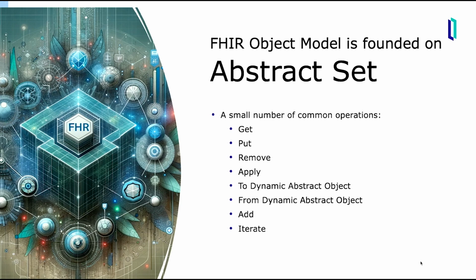Thank you. So the FHIR object model is based on a new set of classes that we call the abstract set. The abstract set is based on the concept that at the end of the day, you have basically two types of collections.